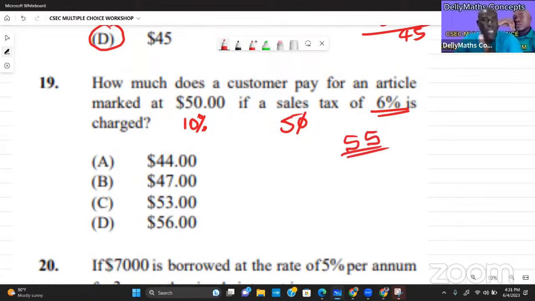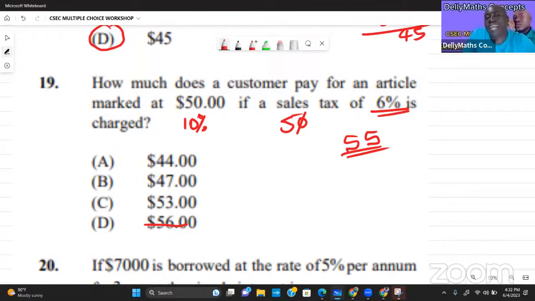That is how we want to understand the process of elimination with some other concepts that we know. So definitely the answer cannot be 56, because 10% gives 55, and I don't even want 10%. I need 6, so I know it's nowhere near 55.